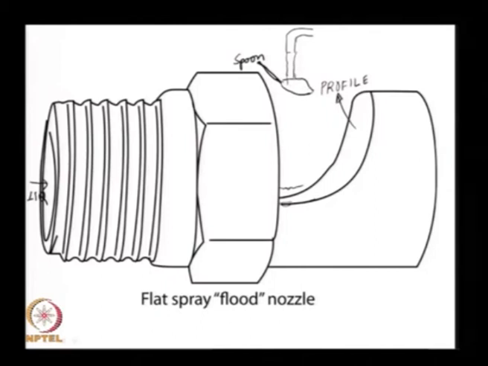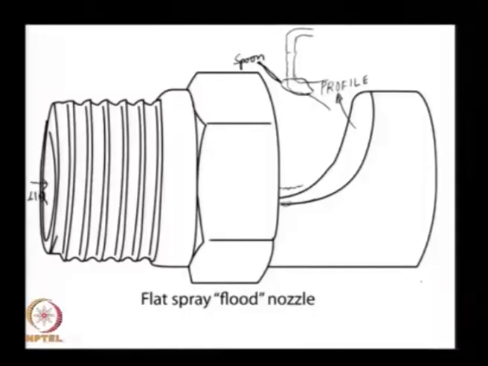As this liquid jet falls on the spoon, you can easily see how it spreads out into a fan, and the fan breaks up just like the conical one; you essentially create a high speed fluttering fan of liquid sheet. This fluttering liquid sheet is going to break up further into drops. That is the design of this flat spray, the so called flood nozzle.